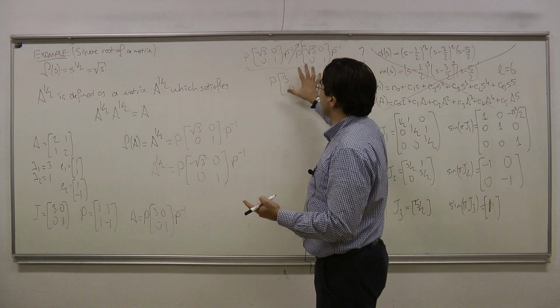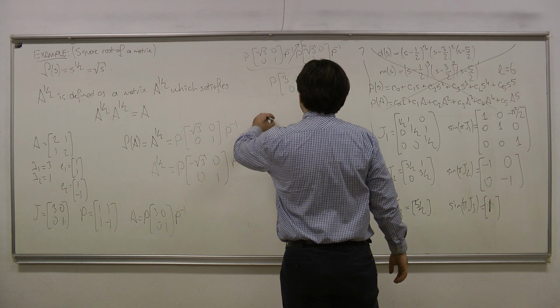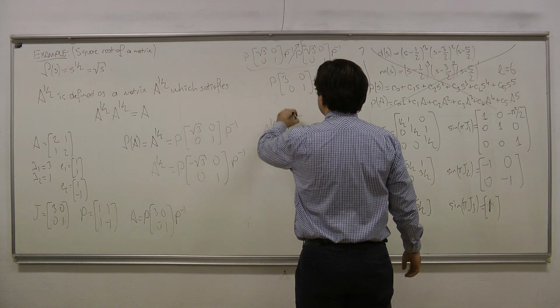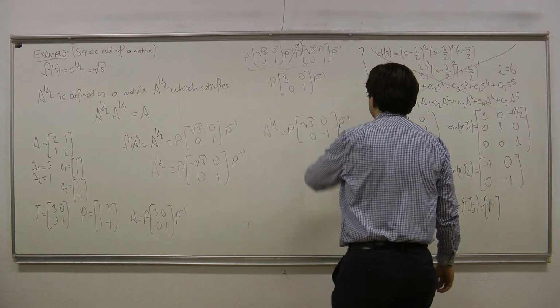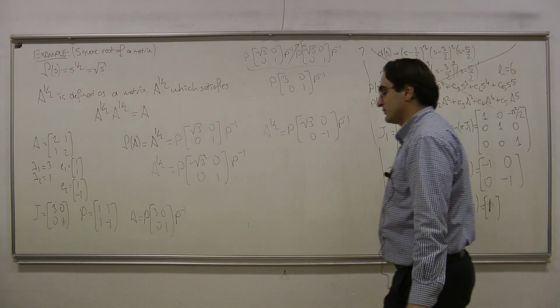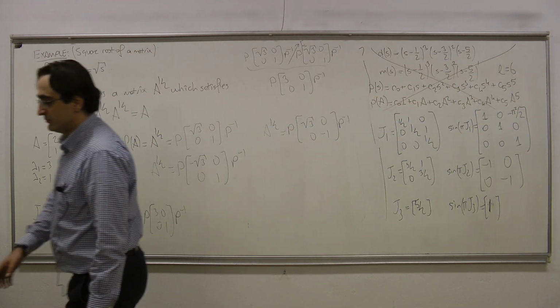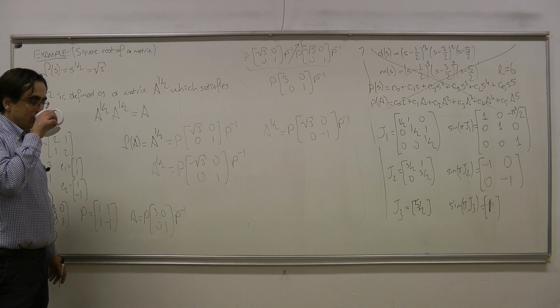The multiplication would again be equal to A itself. So another square root, A to the 1/2, is P times diag(square root 3, minus 1) times P inverse. And my final question, can you find even another one? Yet another square root. There is actually one in this case.